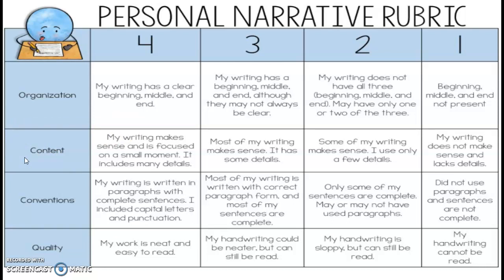That means it doesn't go all over the place talking about things that aren't important, and it includes many details. Conventions: you wrote in paragraphs, complete sentences with capital letters and punctuation. Very important. And then the quality of it. Is your work neat? Is it easy to read? Are things spelled correctly? Extremely important there.